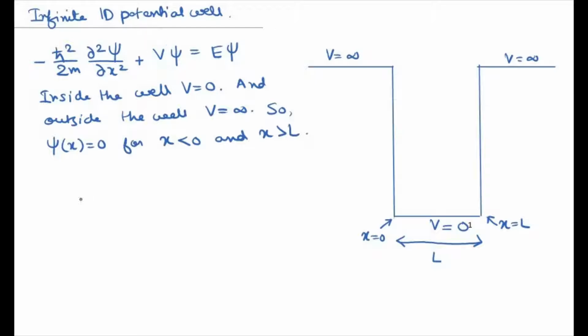So Schrodinger's equation inside this potential well basically becomes minus h bar squared by 2m, d squared psi by dx squared, equals E psi.